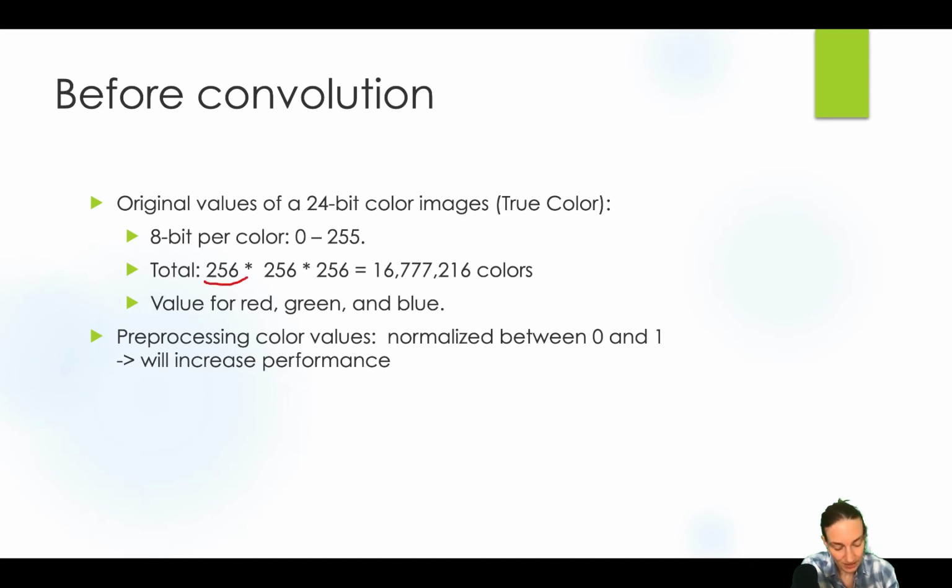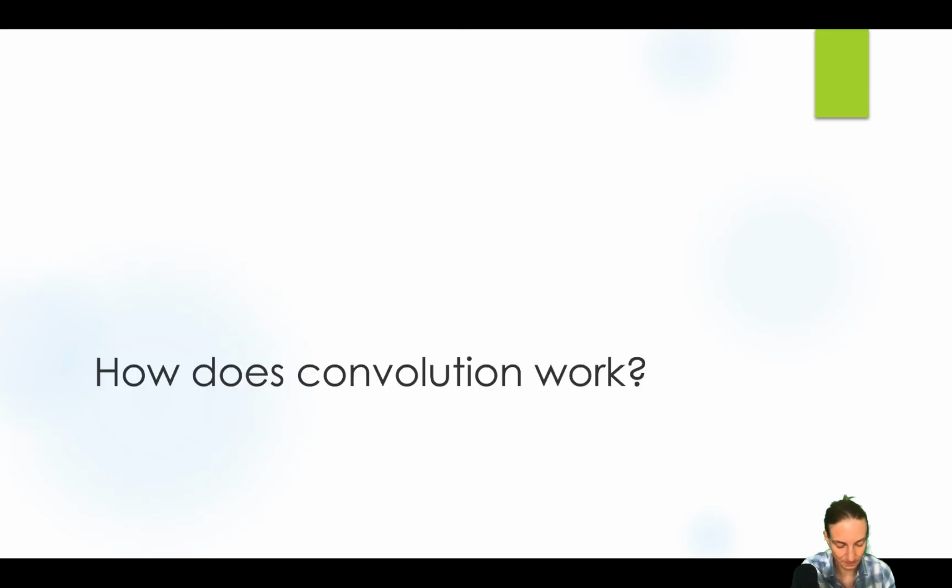So for each layer, we can multiply the number of bits that we have, meaning that we have this many combinations of colors. So when we feed these color images, each of these channels, into our neural network, usually we'll normalize the value between 0 and 1, which will increase the performance of our network quite a bit.